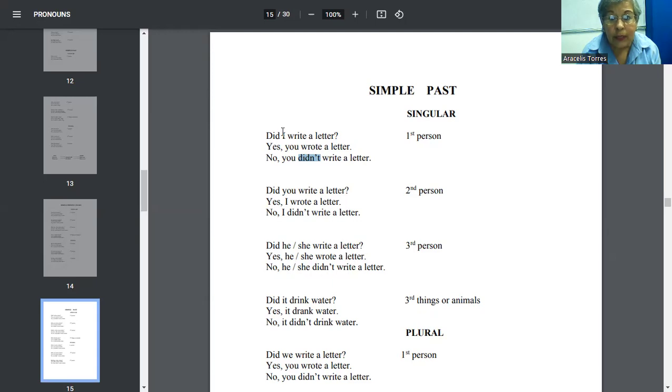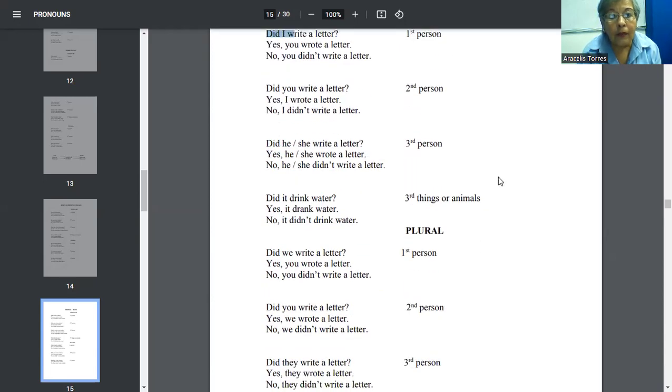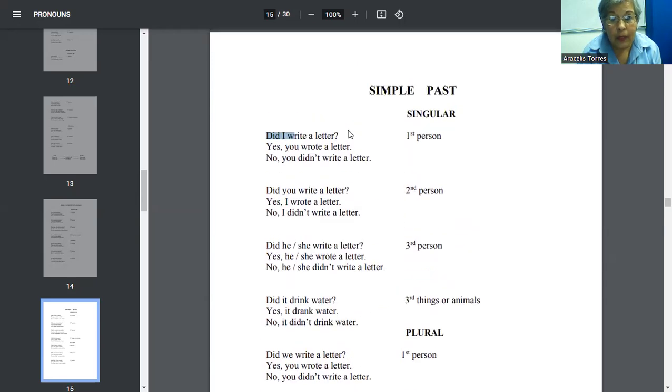It's the same with the interrogative. When we use the interrogative, we use the auxiliary in past, in this case did, the past tense of do. Okay? It is not the same as in Spanish. The verb doesn't tell me who is speaking, because the same verb is used for all the persons.